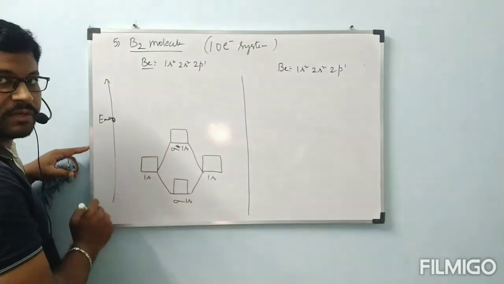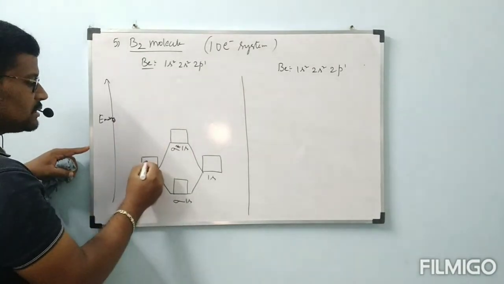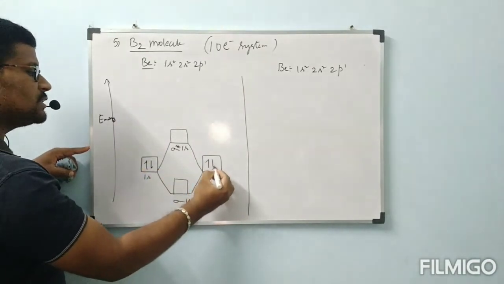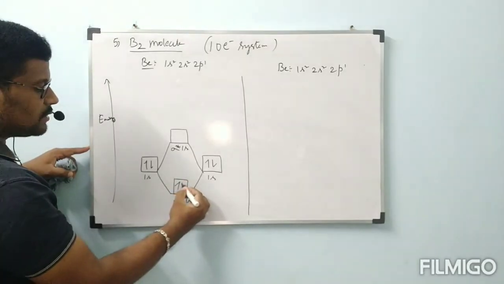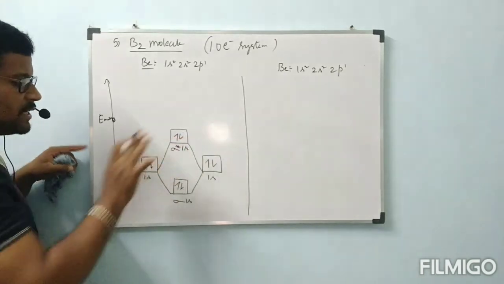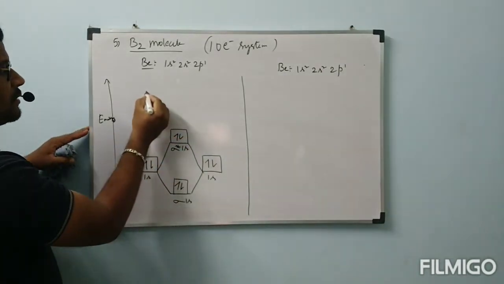Sigma 1s, sigma star 1s. 1s has 2 electrons. Even here also 1s has 2 electrons. Then totally 4 electrons: 1, 2, 3, 4. 1s is completed. Next 2s.